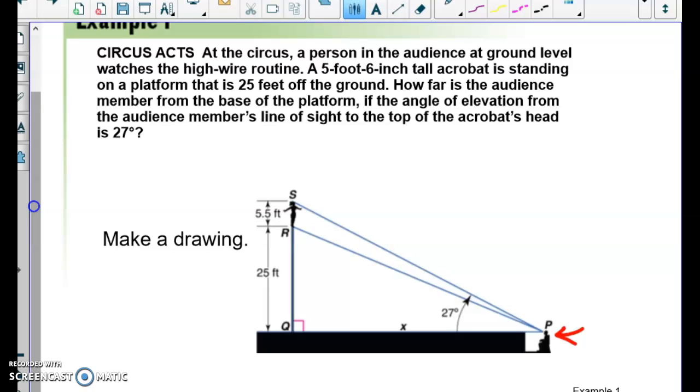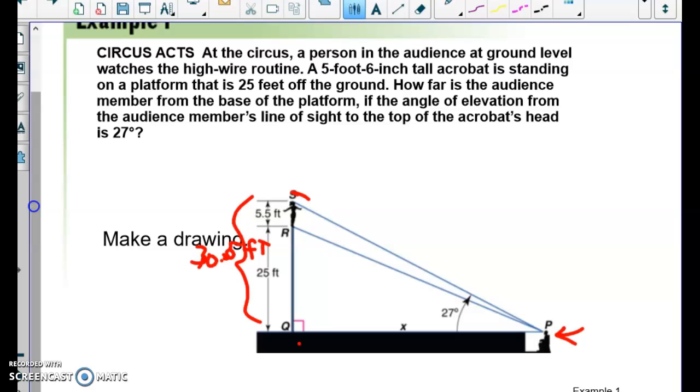So if I'm looking at the top of her head, his head, their head, I have a total of 30.5 feet off the ground, the top of the head is. And the angle to that point at the top of their head is 27 degrees.